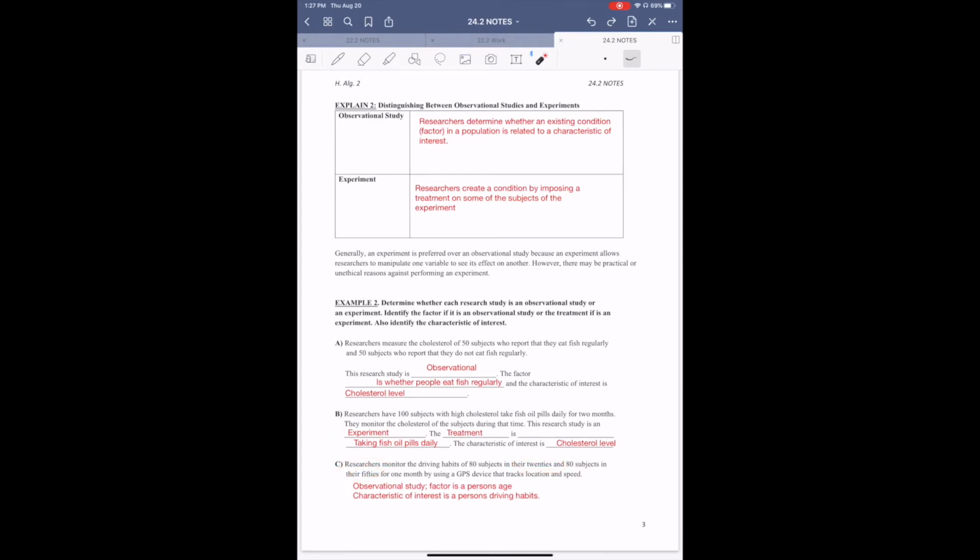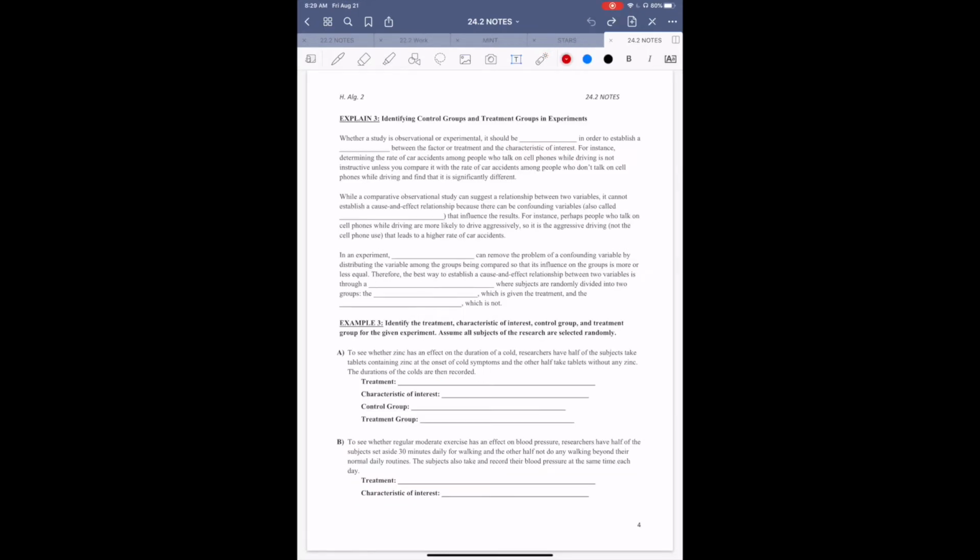Okay. Now, identifying the differences between observational studies and experiments is pretty simple. You have to determine: are they watching, are they looking for something, or are they manipulating a variable? When we are working with experiments, we have two different types of groups which we use.